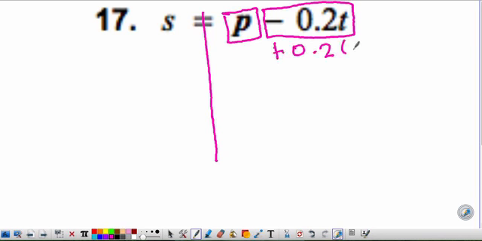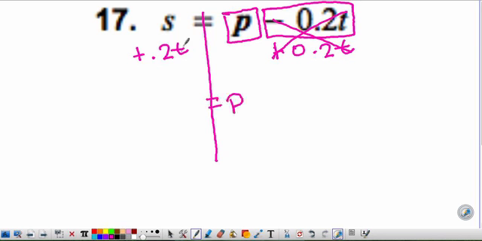T, excuse me. Make your T's curvy so it does not look like a plus sign. So we're going to add 2/10 T to both sides. Negative 2/10 T plus 2/10 T is 0. And that leaves us with P.